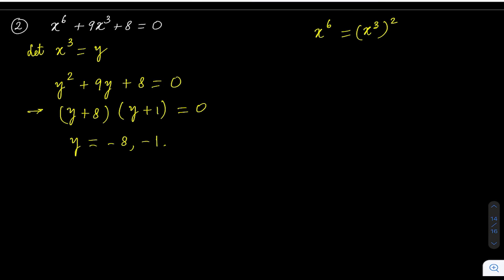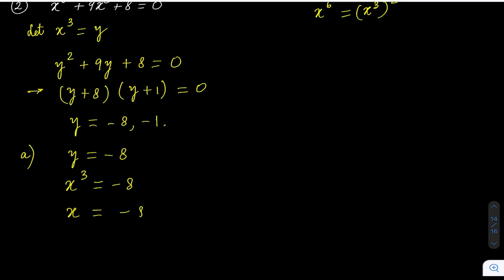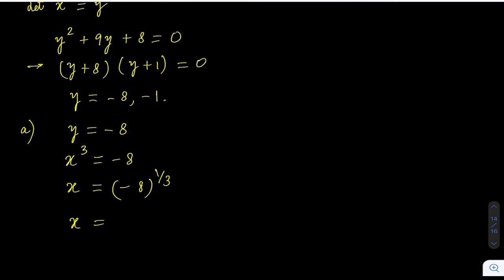Again same case. We will take the first case as y equal to minus 8 and try to find the x value. Now y is nothing but x cube. So x cube is minus 8. Now x will be equal to minus 8 power 1 over 3, and minus 8 power 1 over 3 means cube root of minus 8. That is nothing but minus 2.